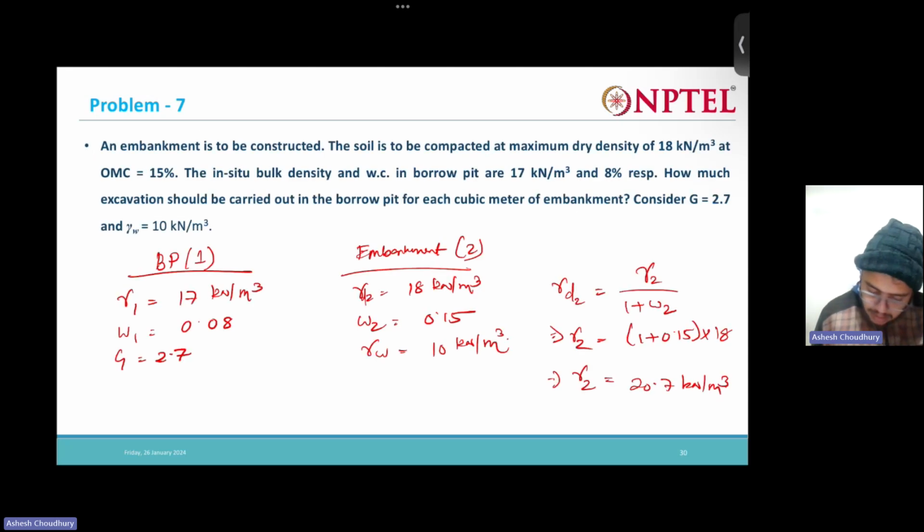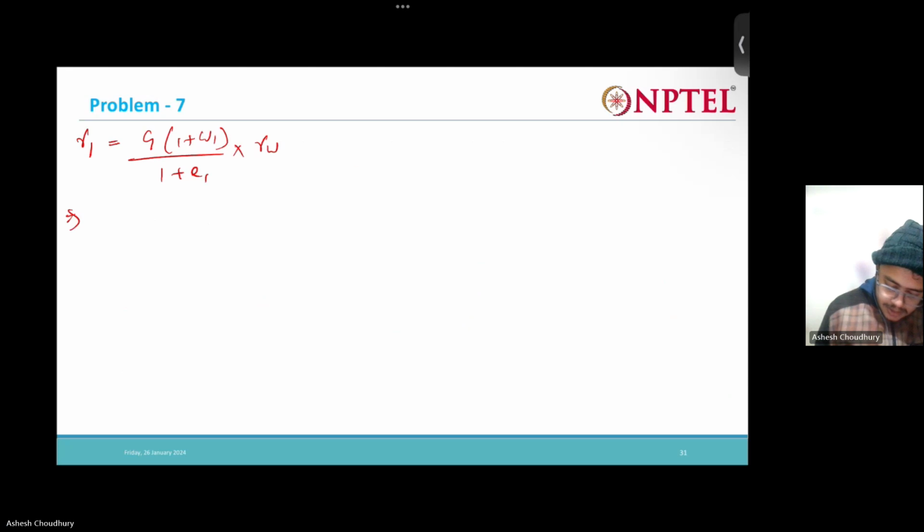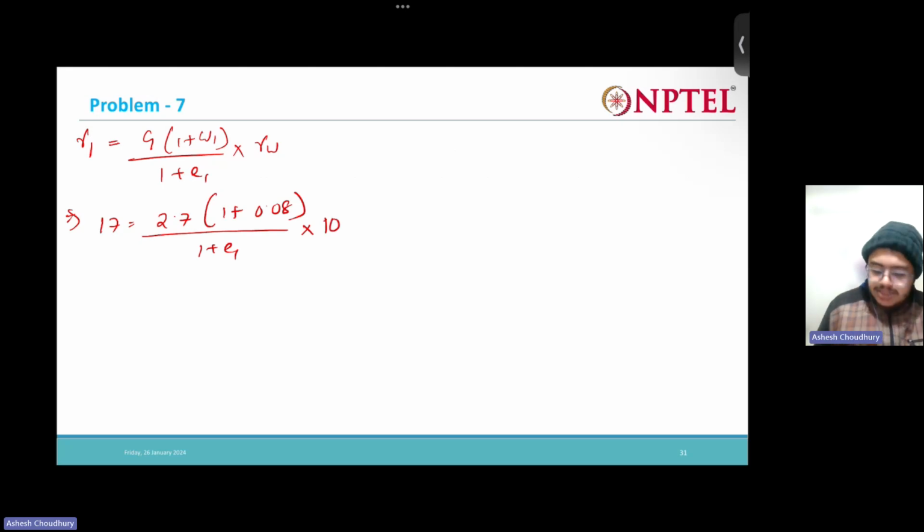What is the bulk density at the borrow pit? Bulk density at the borrow pit is 17. G of 2.7 is given. Water content is also given, 0.08. Gamma w is 9.81, but let us take it as 10, just for simplicity. So from here e1 I will get as 0.7153. Okay, this is e1.